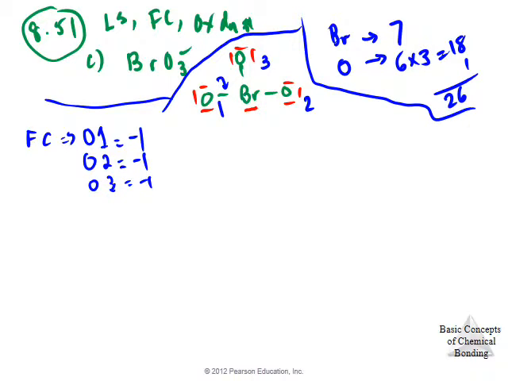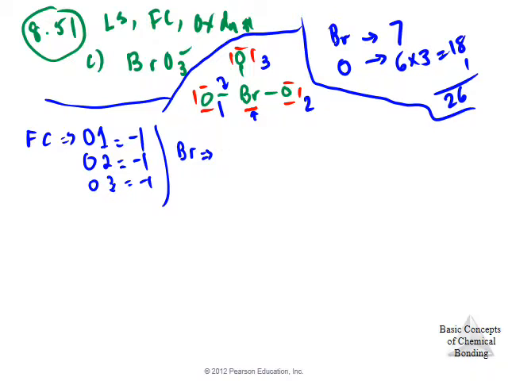Now Br. Let's get the Br, the central atom. It has 7 valence electrons. In other words, it's supposed to have 7. Let's see how many it has in this structure. 2 electrons are solely on Br, and then 3 other electrons are coming from those 3 bonds. So 2, 3, 4, 5. So the assigned electrons is 5.